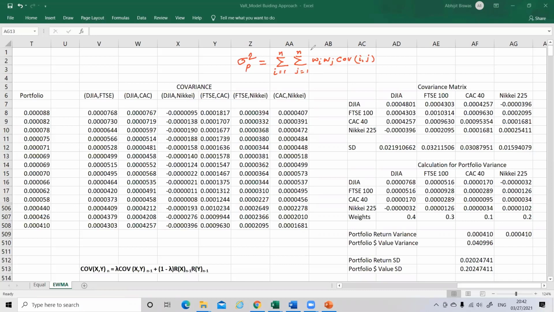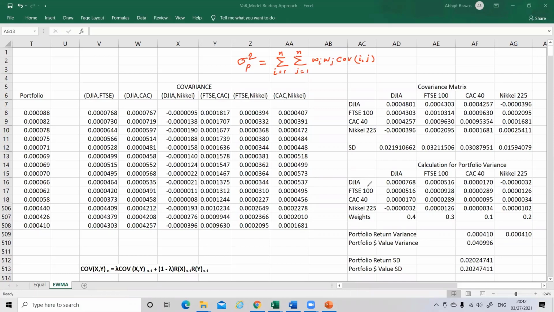So basically, this can be easily calculated using this matrix format. If you see, what is this number? This number is nothing but i and j.